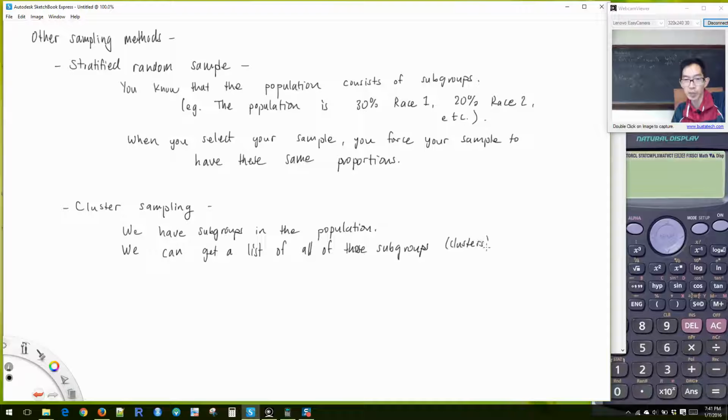So maybe you have 300 subgroups, okay? And then we randomly select clusters from our list of clusters, and then we survey these selected clusters.